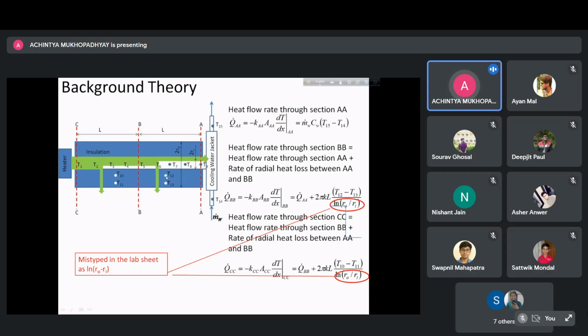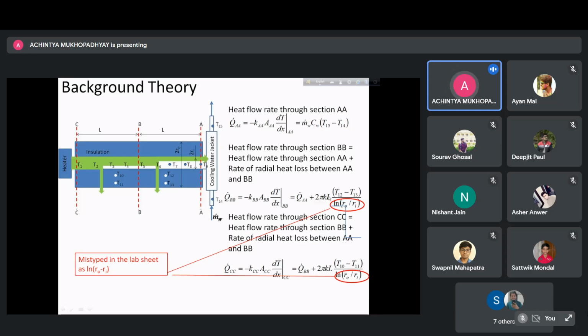Then we can find out how much heat transfer is taking place between T12 and T13 in terms of the temperature difference between these two locations and these geometric parameters.